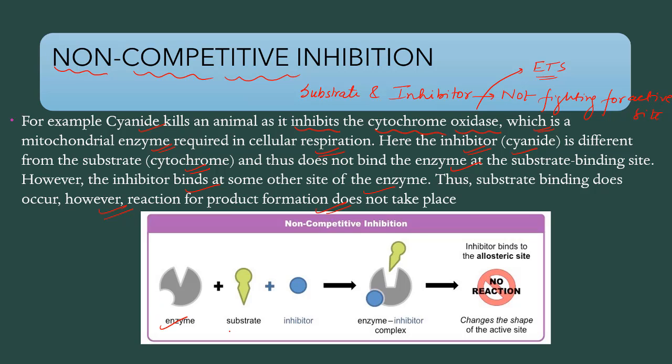This is the enzyme, this is the substrate, this is the inhibitor. The inhibitor is attaching on a different site, not the substrate binding site. So no reaction happens. The inhibitor binds to the allosteric site.